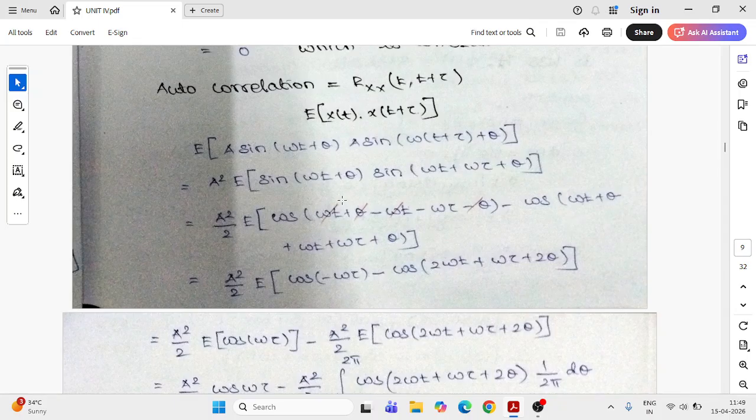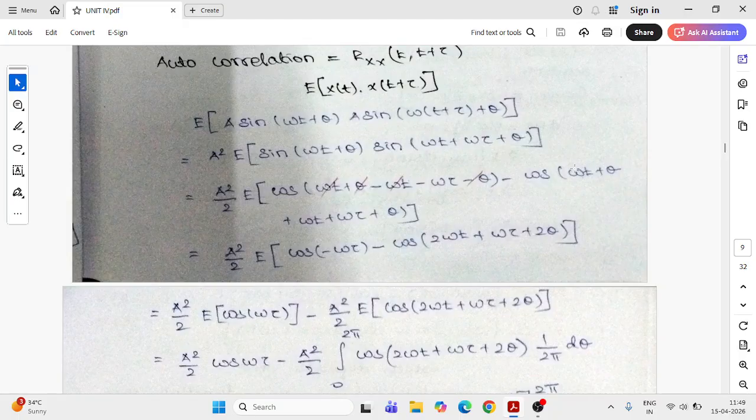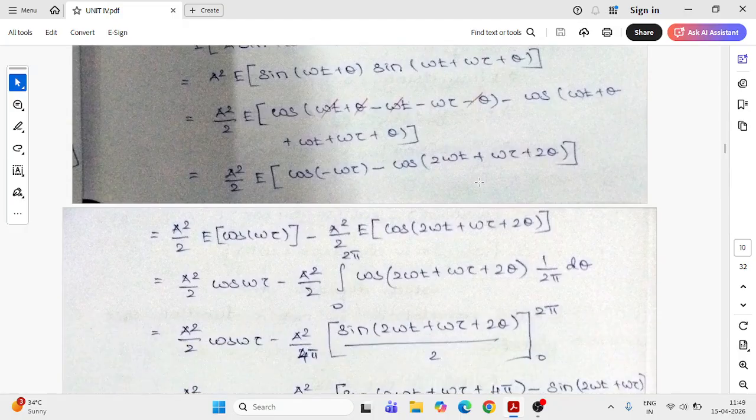Here omega t minus omega t and theta minus theta cancel. So the remaining is minus omega tau. In the plus term there are 2 omega t, 1 omega tau, and 2 theta terms. Cos of minus omega tau becomes cos omega tau.